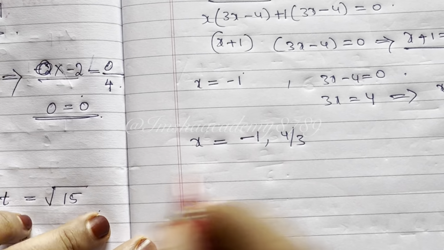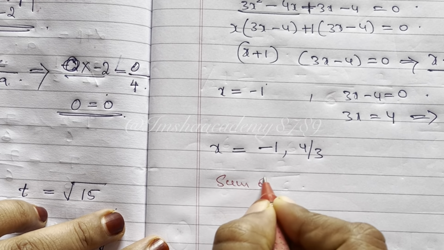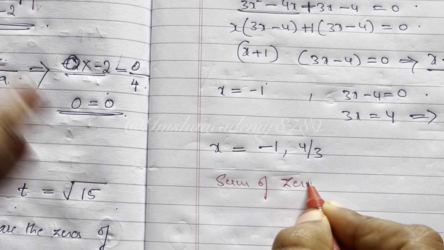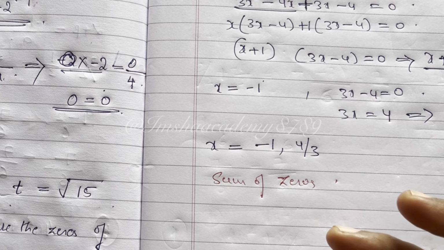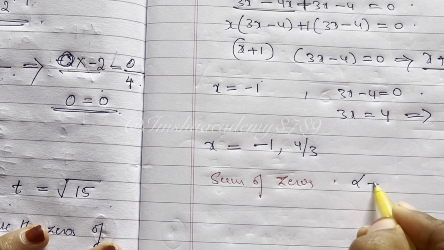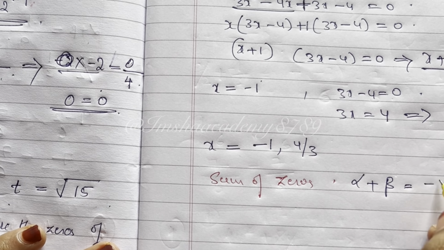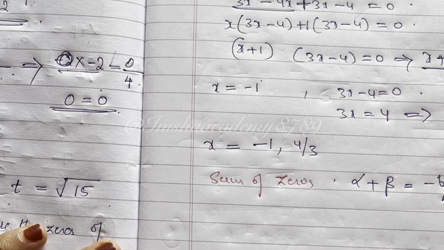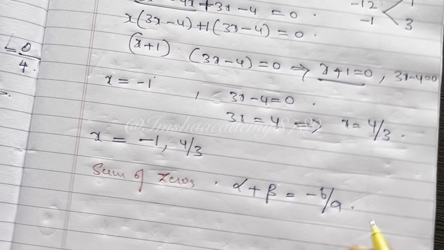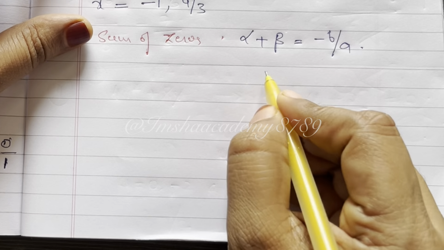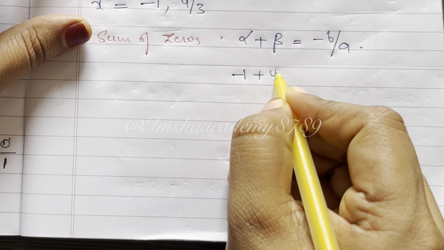What we need to find now? Sum of zeros. Sum of zeros is alpha plus beta is equal to minus b by a. So the alpha value is minus 1 plus 4 by 3.